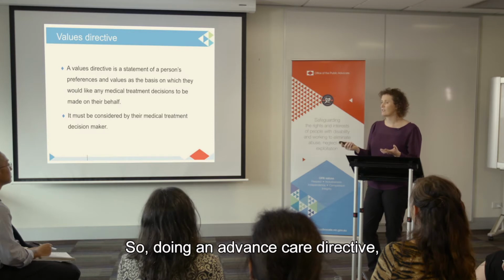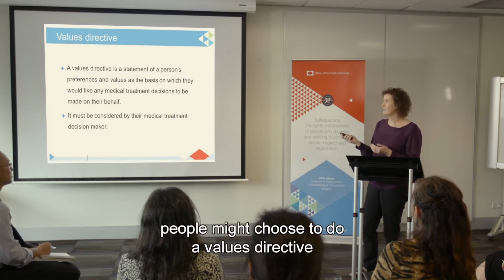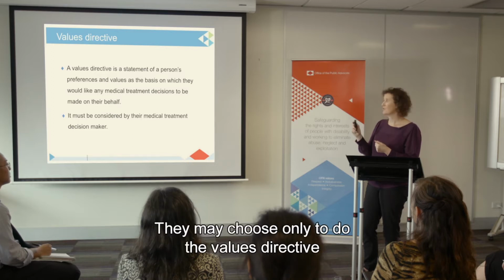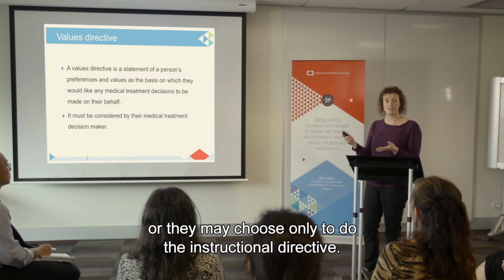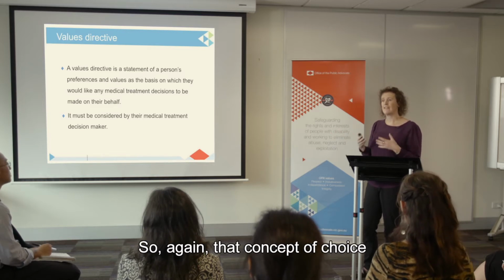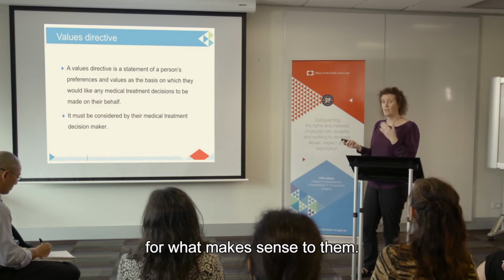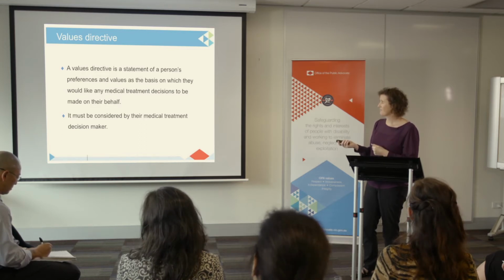So in doing an advanced care directive, people may choose to do a values directive and an instructional directive. They may choose only to do the values directive, or they may choose only to do the instructional directive. Again, that is the concept of choice and empowering the person to make their own decisions, for what makes sense to them.